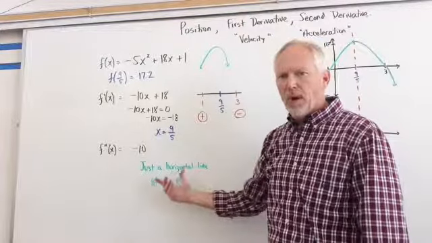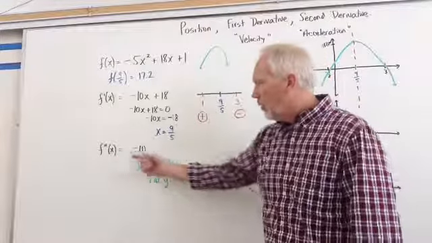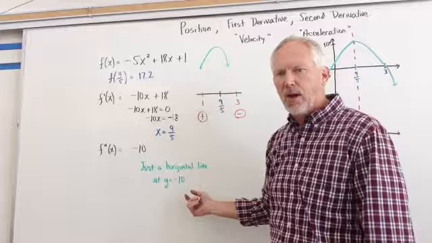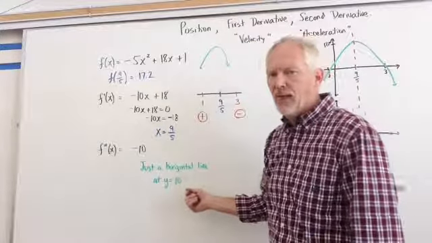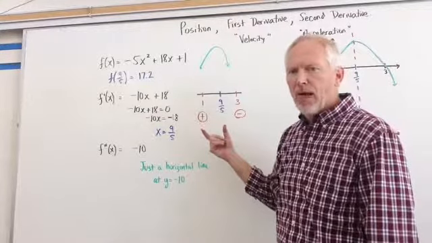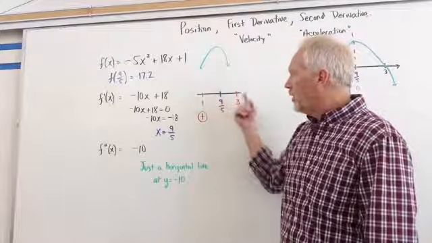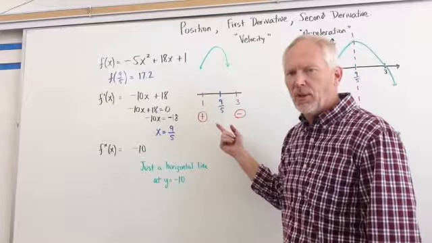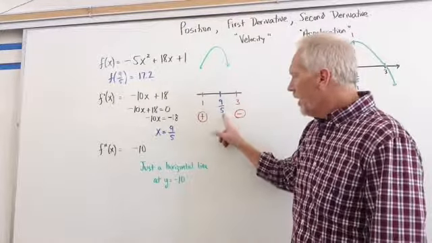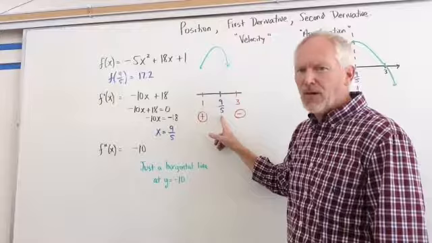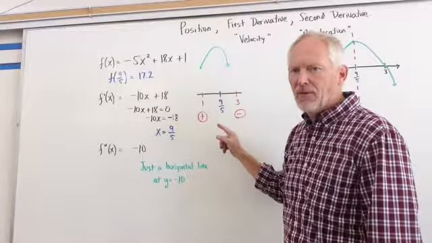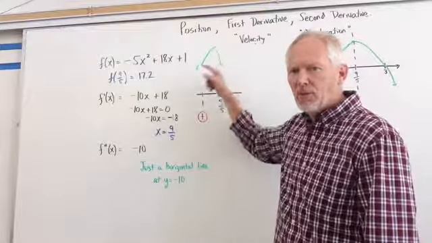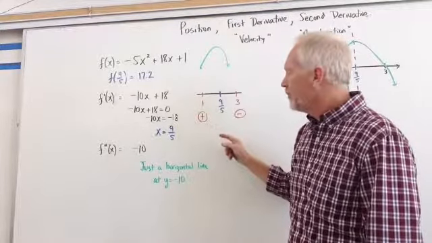I'll start here at the bottom because it's a little simpler. The second derivative, negative 10, is just a regular horizontal line at y equals negative 10. Now we can put together a line test. If I have a critical point at 9/5, I want to check on either side of it to see if my slope is telling me the same story as the graph.